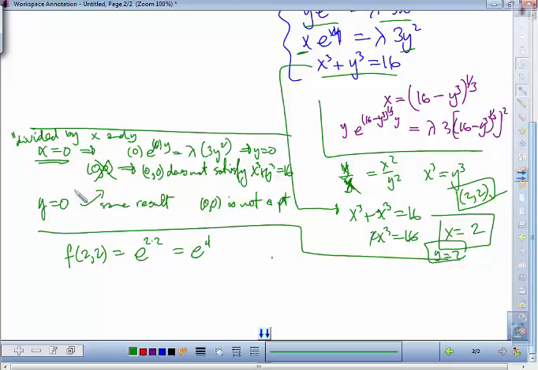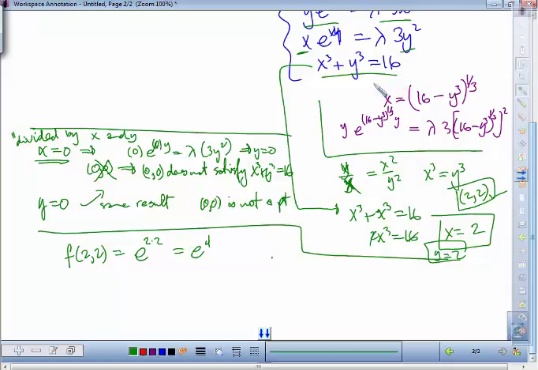But we can look at another point on the constraint, like 0, comma, when x is equal to 0, y is equal to like 2 square root of 2 or whatever.